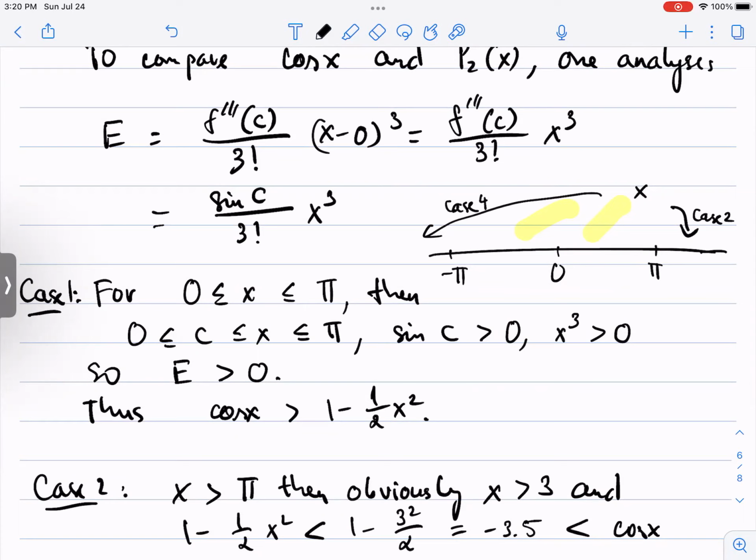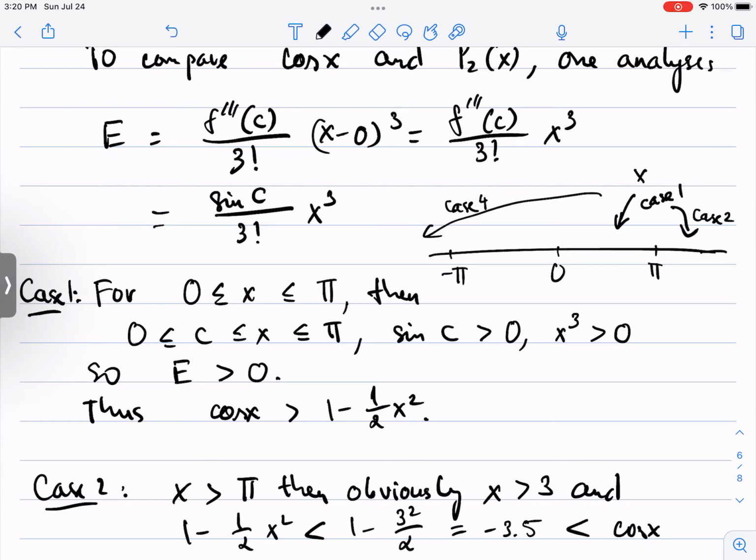Now we consider different cases. So here, the first case is that x is within the interval from 0 to pi.